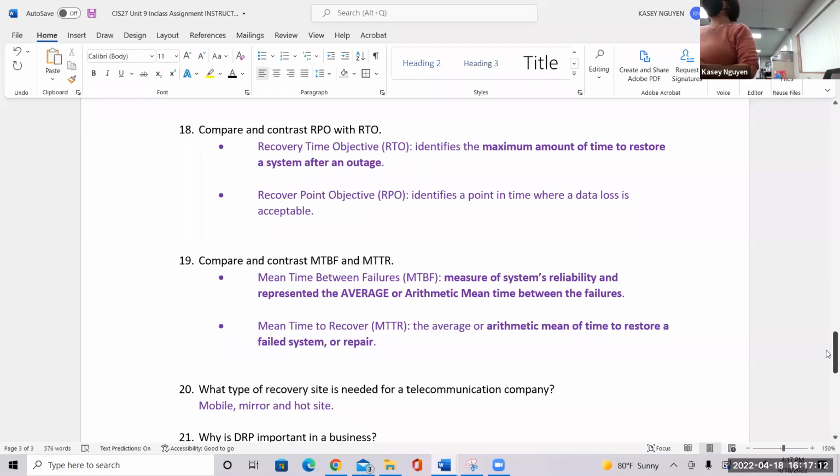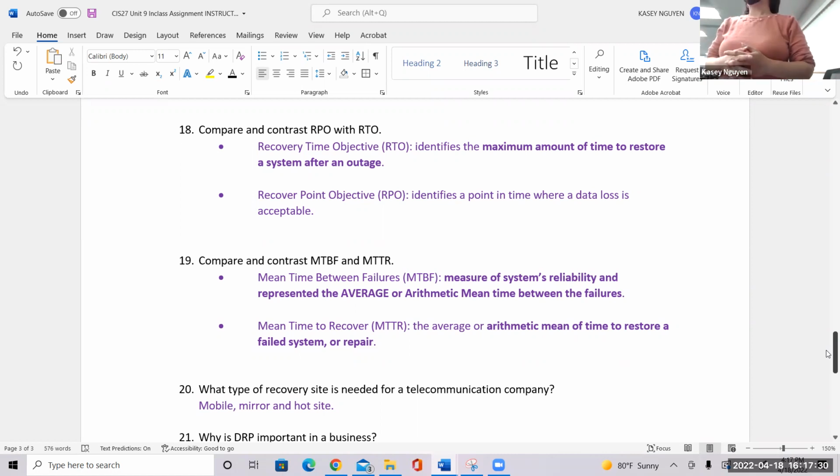How reliable is it? And then the mean time to recover is the average time to restore a failed system.